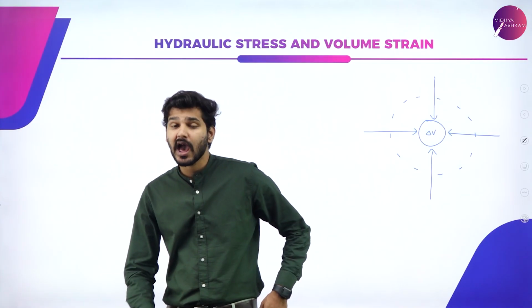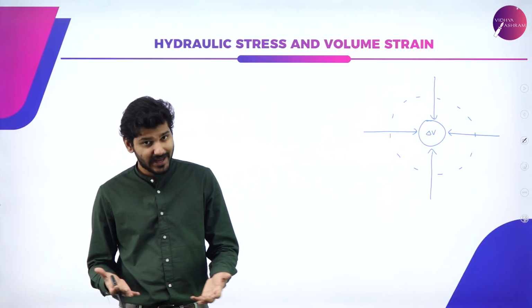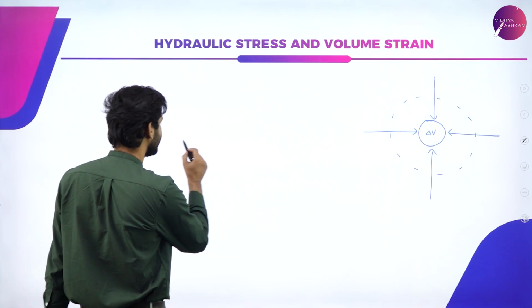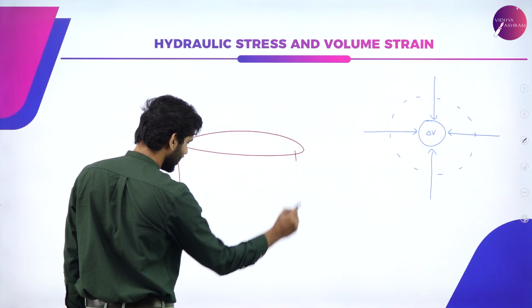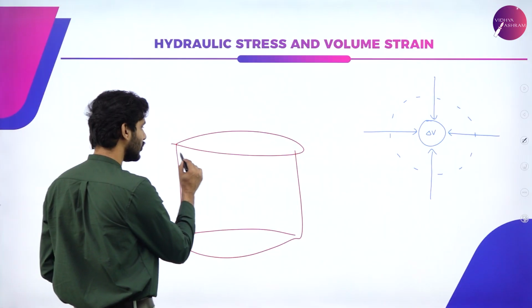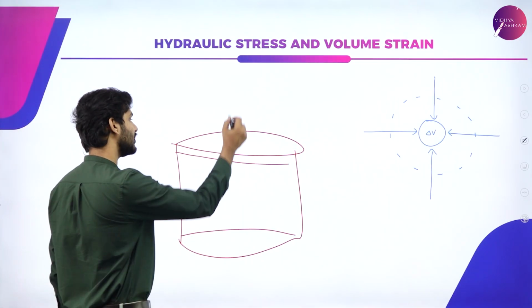And lastly, we have what is hydraulic stress and volume strain. Hydraulic stress means that imagine you have a beaker completely filled with water, and then you're dropping a pearl into that beaker of water.